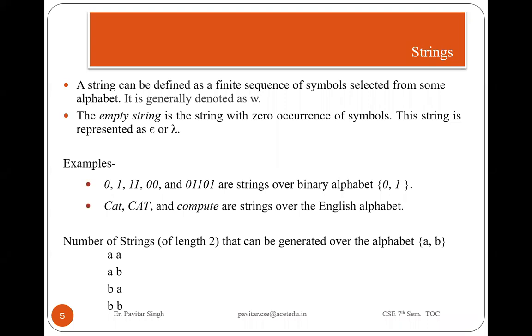All these examples will be constructed with the help of binary alphabets. As you all know, we have two binary symbols, that is 0, comma, 1. So you can make any string of your choice with the help of 0, comma, 1. Clear?